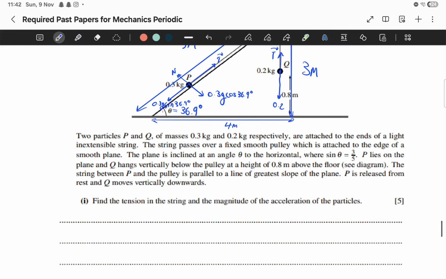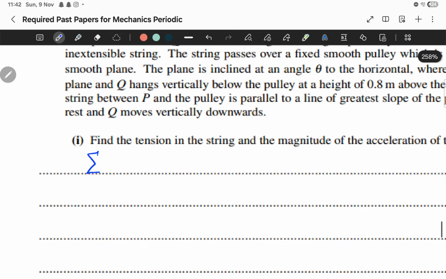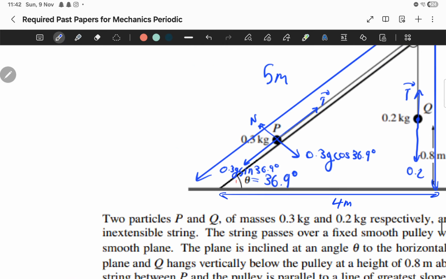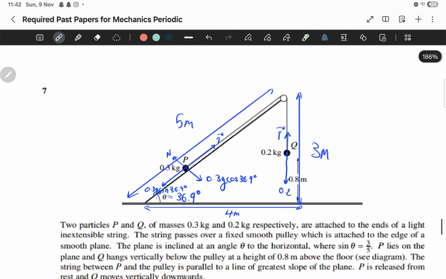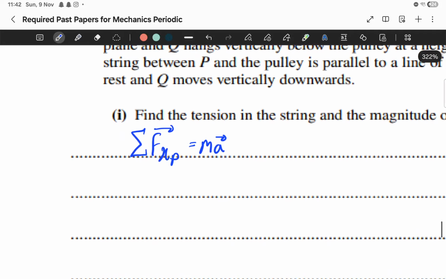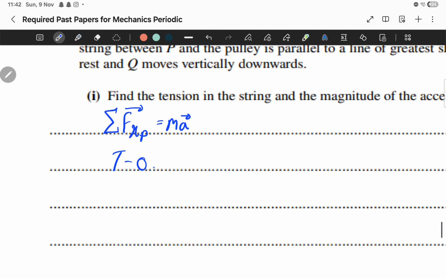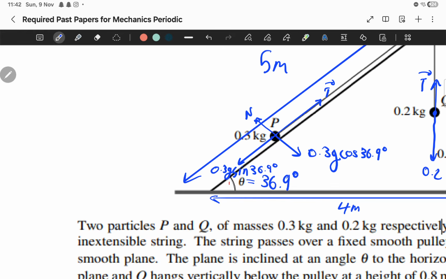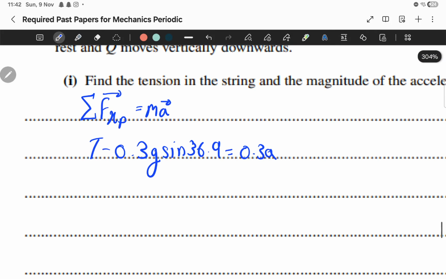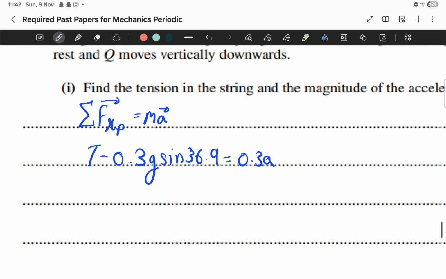So, sigma Fx of P is equal to ma. So tension minus 0.3 G sine 36.9 is equal to 0.3A. That's pretty much all we can do with this equation, so we can just rearrange it.